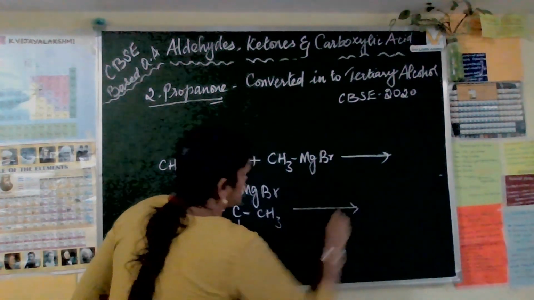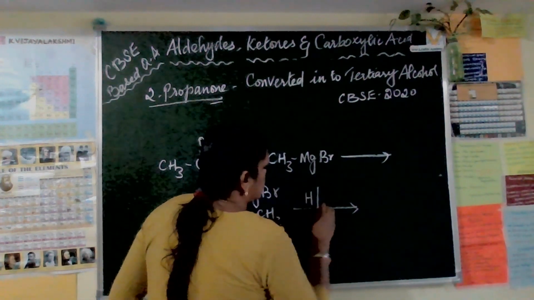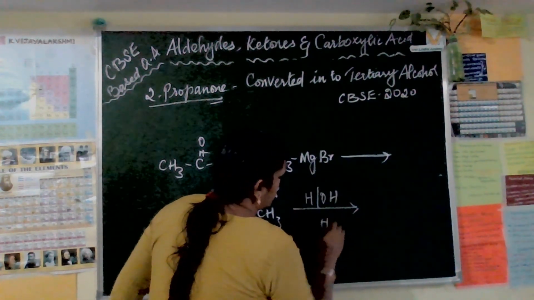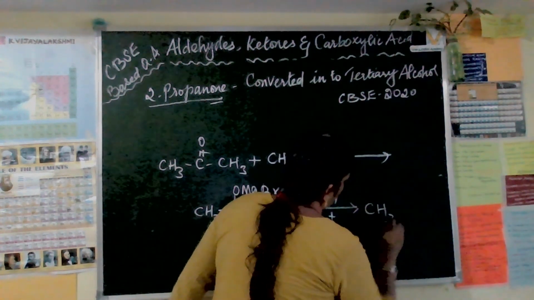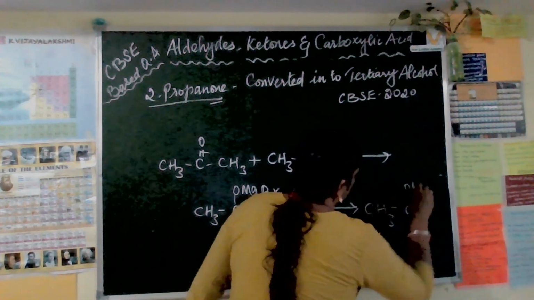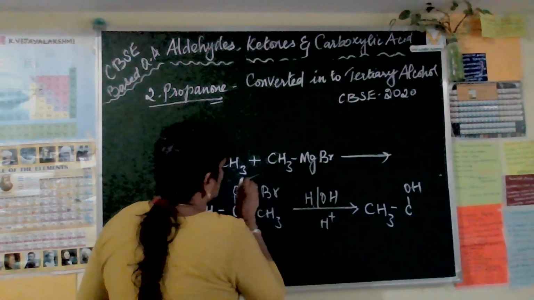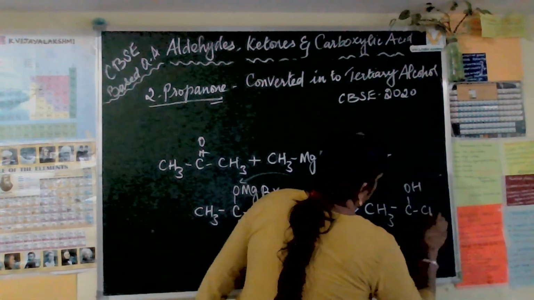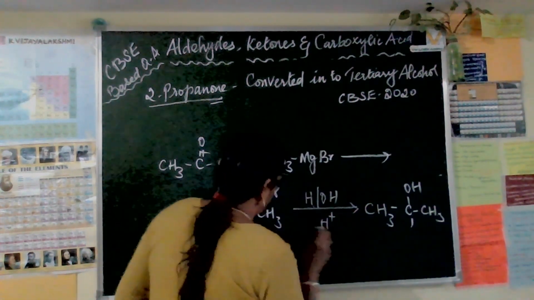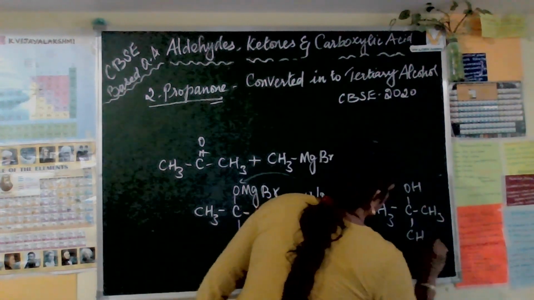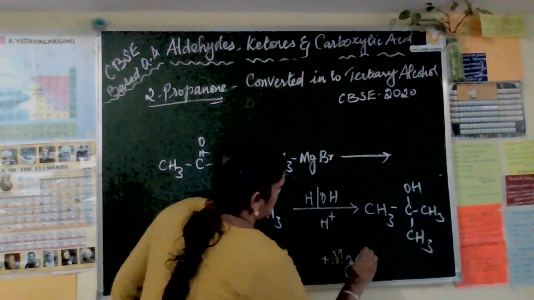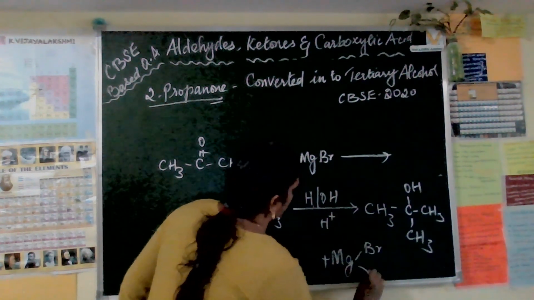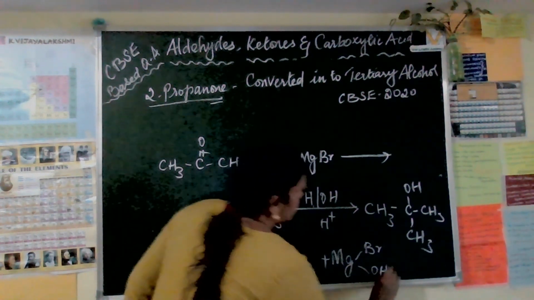Again acid hydrolysis, HOH, H plus. What happened here? The OH goes and joins over here, with CH3 and one more CH3. Yes, you got it, and the Mg and Br leave as Mg(OH)Br.